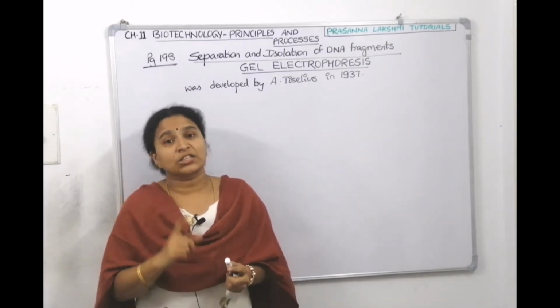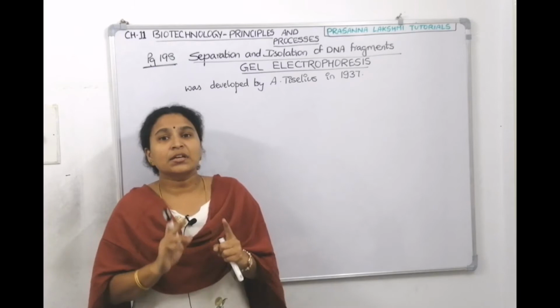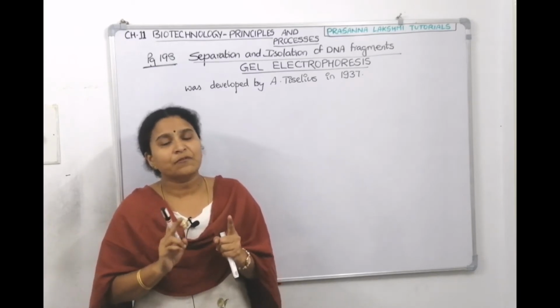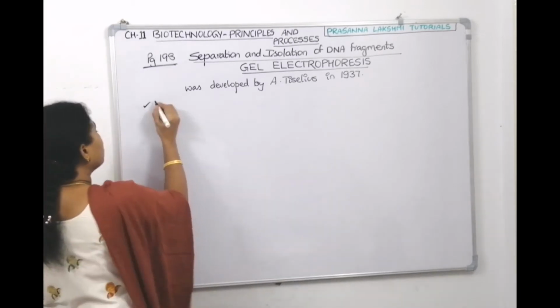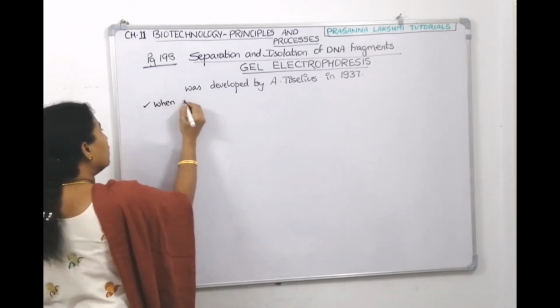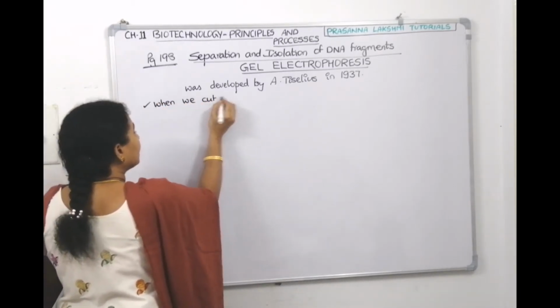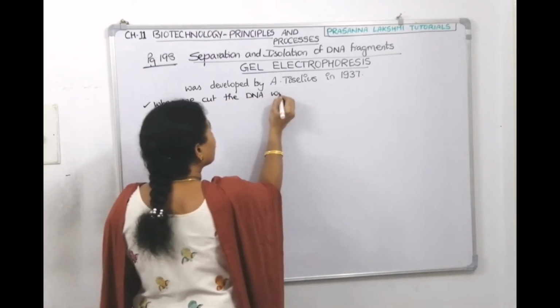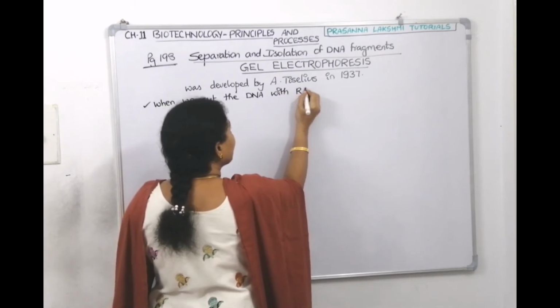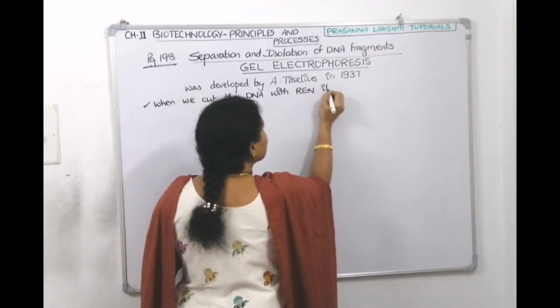So when we cut the DNA with the restriction enzymes, it results in fragments, right? It results in DNA fragments.